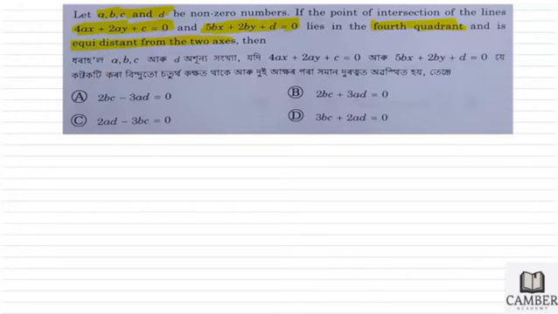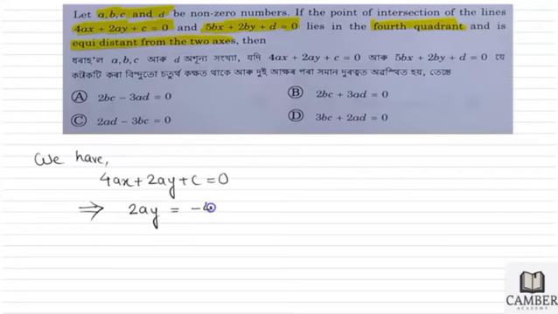Okay, so we have 4ax plus 2ay plus c is equal to 0, right? So we can make this line in the form of y equal to mx plus c, so you can understand what is the slope and what is the y-intercept. Okay, so we can write it like this: 2ay is equal to minus 4ax minus c, right?